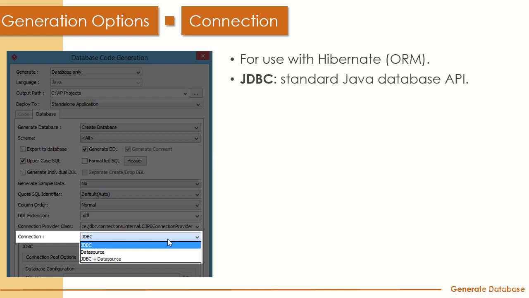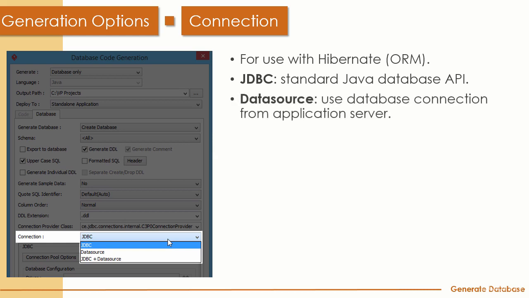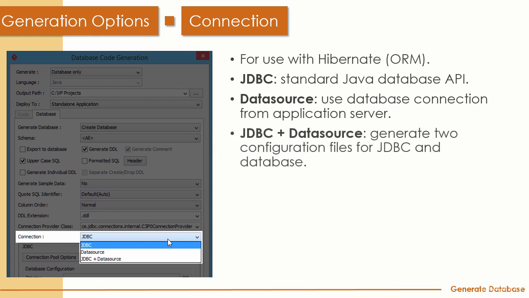You can use the standard Java JDBC connection, you can use the data source, which is provided by the application server, or you can use the mixed strategy. Basically, you use Hibernate most likely in the application server. So the data source could be the best choice because you can share the connection pool between applications.